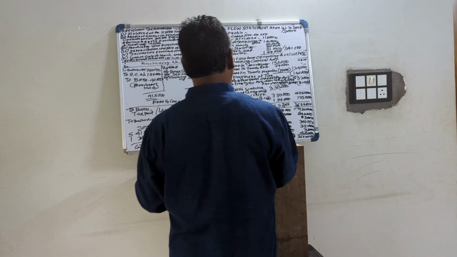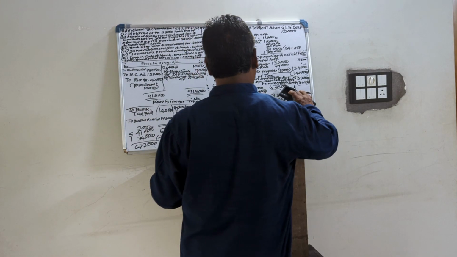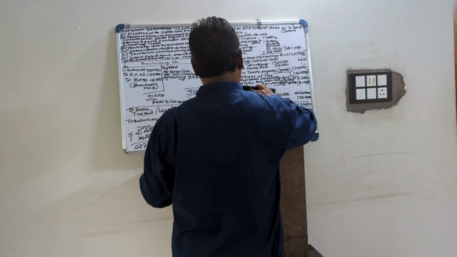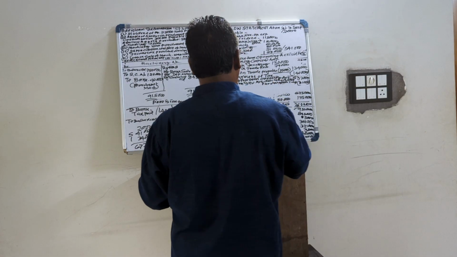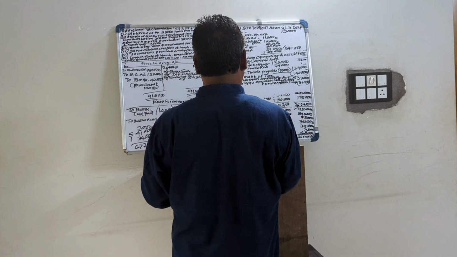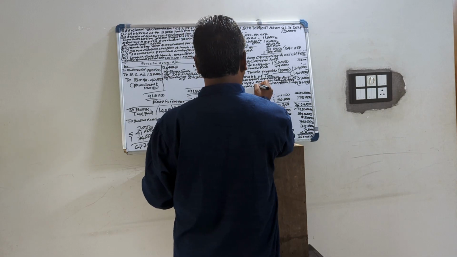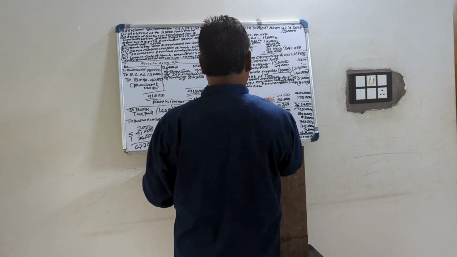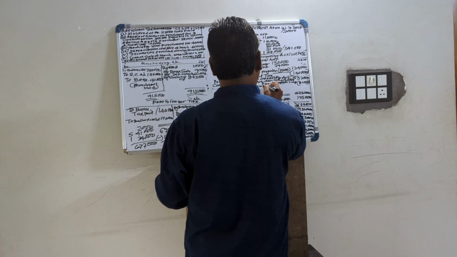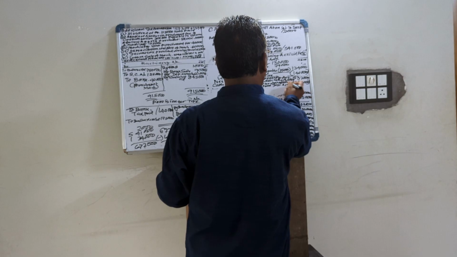Then comes the financing activity. Bank loan was 3,50,000 that we paid. This is the net cash flow from investing activity, that is 31,000.